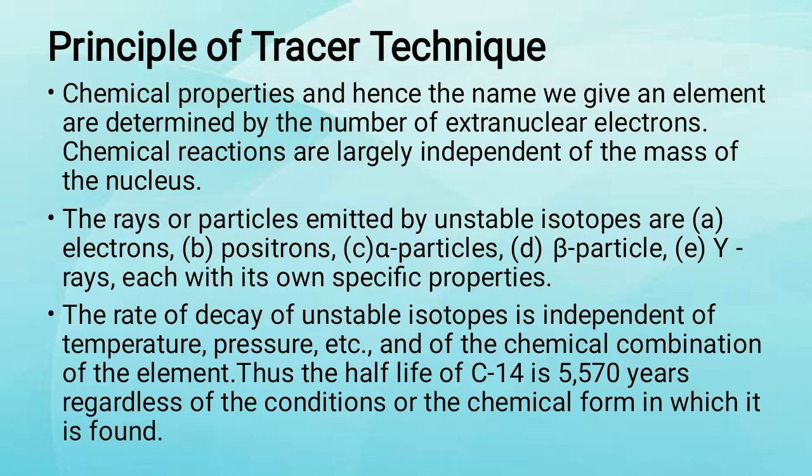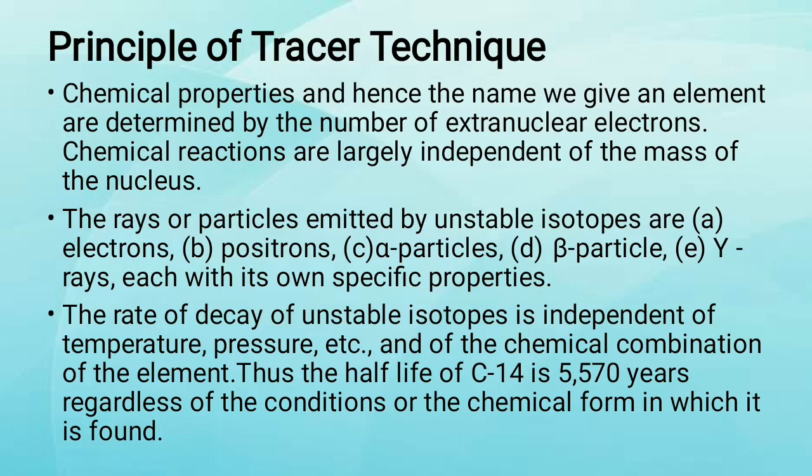Chemical properties, and hence the name we give an element, are determined by the number of extranuclear electrons. Chemical reactions are largely independent of the mass of the nucleus. The rays or particles emitted by unstable isotopes are electrons, positrons, alpha particles, beta particles, gamma rays, each with its own specific properties.